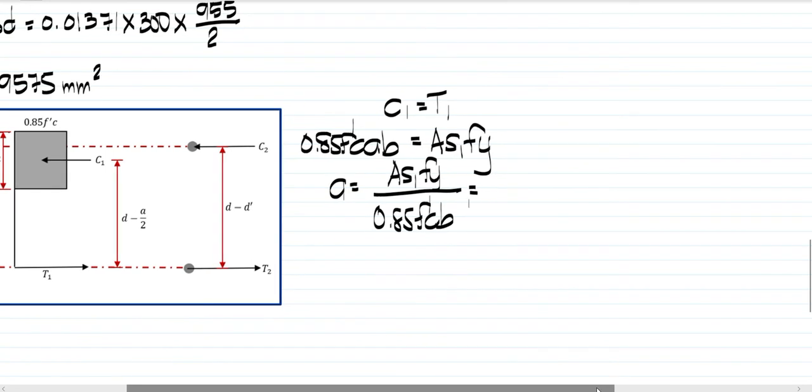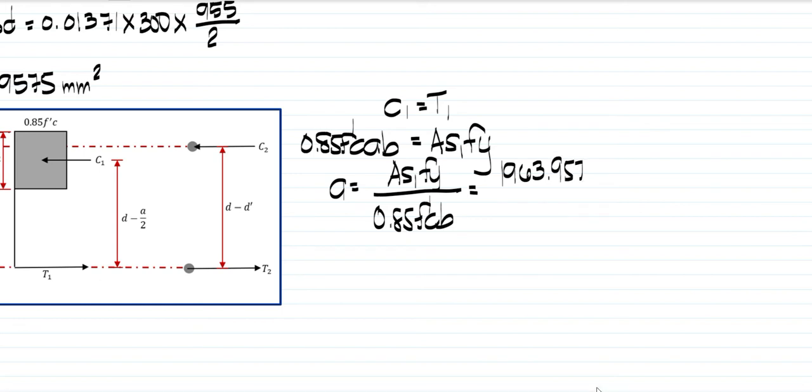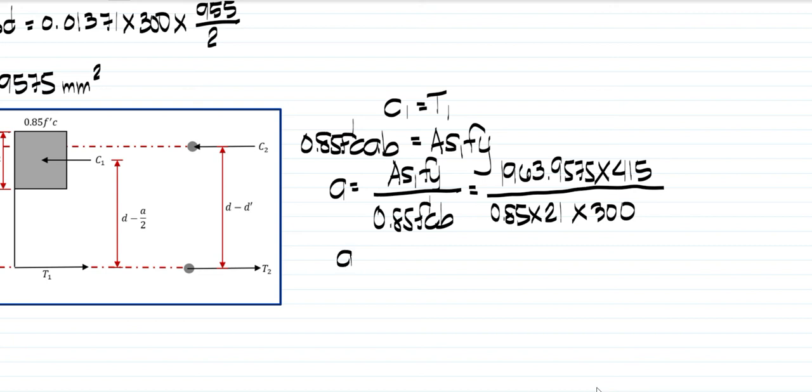So that will be 1963.9575 times 415 divided by the value 0.85 times 21 times 300. So that will be a value of the depth of compression block equivalent to 152.2021 mm.